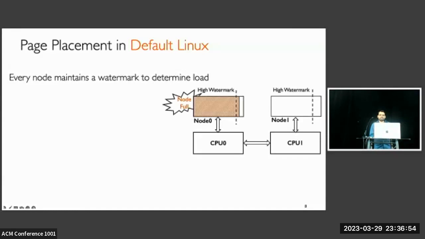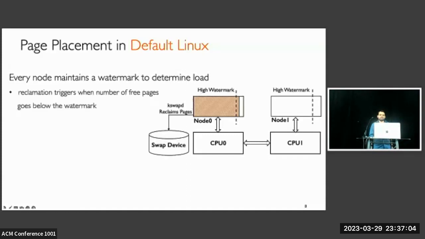If the available free pages of that node go below the high watermark, the Linux kernel marks that node as full and stops allocating pages to that node. It initiates the reclamation process, and the default reclamation process is swapping to disk, which is orders of magnitude slower, terribly slower actually. So when this reclamation is happening, new allocation goes to the next available node in the system, and later access to those pages has higher latency overhead.